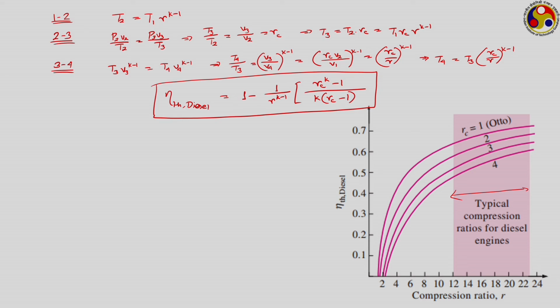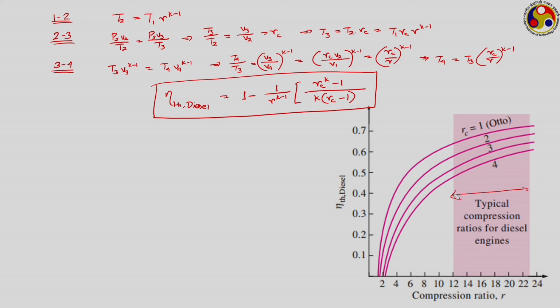CI engines are used in heavy vehicles where you need larger powers, like in buses, trucks, ships, etc., whereas SI engines are commonly used in two-wheelers, smaller passenger cars, etc. Electric trains can also be an example of CI engines. Whereas SI engines are generally restricted to low power applications because the compression ratio is lower.